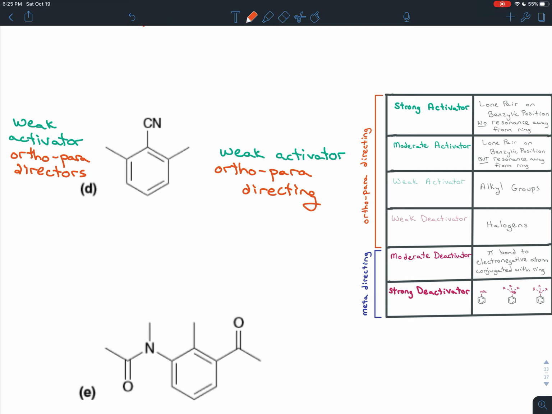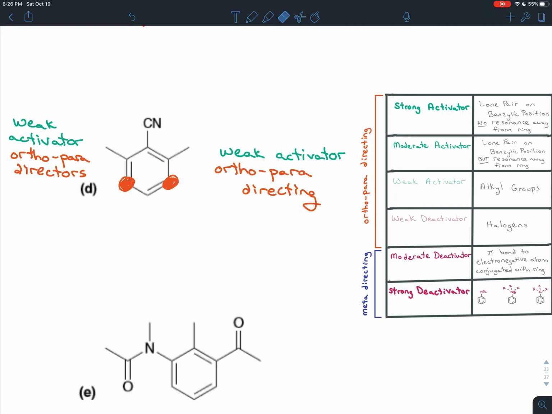Let's think about what we could get. For this branch, the one ortho position is taken, the other ortho position is open, and the para position is open. For the other branch, one ortho position is taken, the other ortho position is open, and the para position is open. So you can't get the branches where there's already a branch.